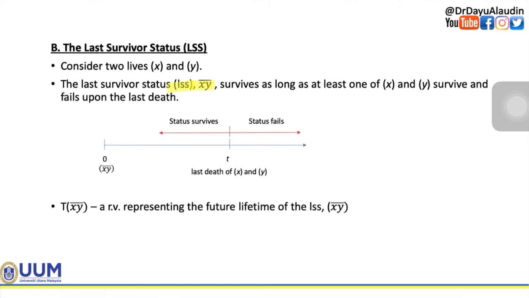So LSS or XY survive as long as at least one of X and Y survive and fails upon the last death. So as long as there is one survivor, then it's still active. The status is still active until both death. So the status fails at the last death of X and Y. So the future lifetime of the LSS is TXY with the bar.